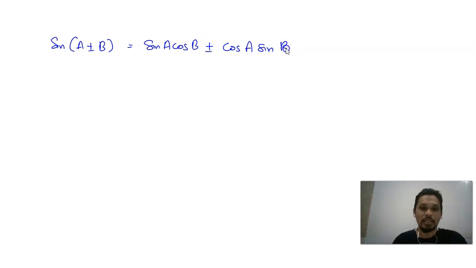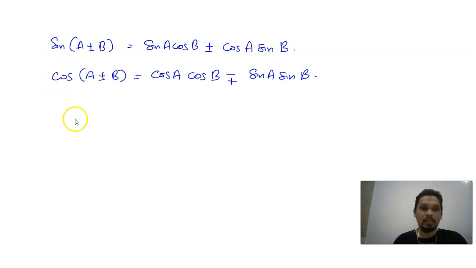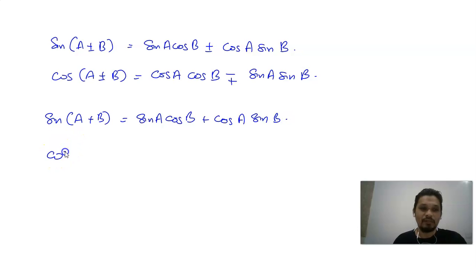Okay, so in this topic, we're going to look into the expansion of this formula, where sine A plus minus B equals sine A cos B plus minus cos A sine B, and cos A plus minus B equals cos A cos B minus plus sine A sine B. Meaning, if we are given the expression sine A plus B, then it comes up with sine A cos B plus cos A sine B. And if the expression is cos A plus B, then it comes up with cos A cos B. Okay, look at this one here.